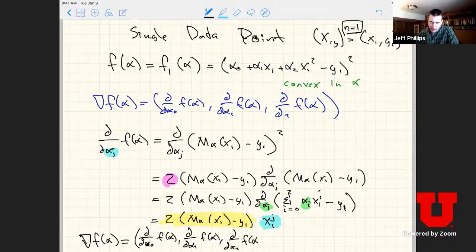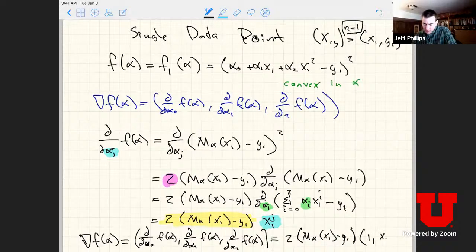This is going to be exactly equal to 2 times m alpha x1 minus y1, which is the residual, times a vector, which in this case is 1, x1 to the power 1, and x1 squared.